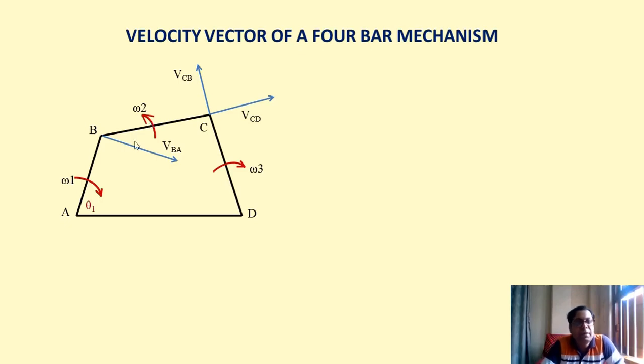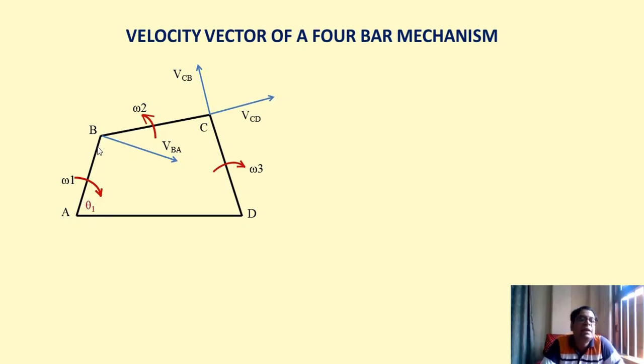Now, what happens if this particular angle ABC is less than 90 degrees or greater than 180 degrees? My dear friend, please remember that when the angle ABC between the crank and the connecting rod is less than 90 degrees or greater than 180 degrees, then the rotational direction will be in the same sense.